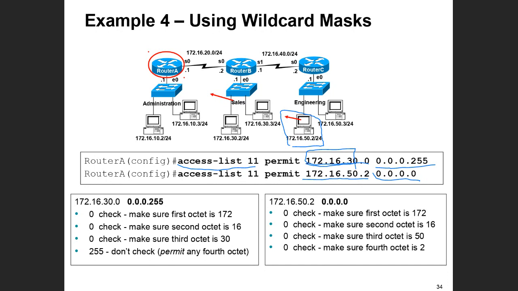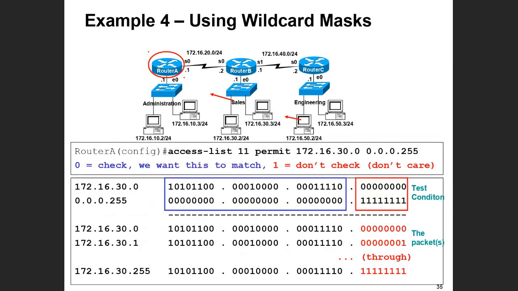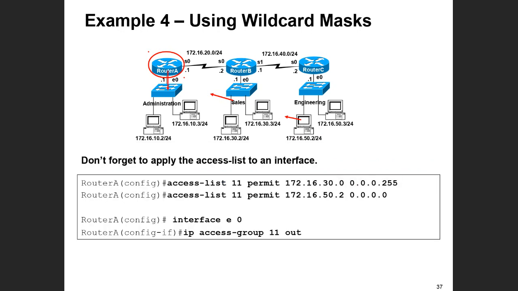Well, we got to apply it to a port on router A first. We created the access control list, but now we have to apply it to one of the ports. So let's apply this access control list to an interface.